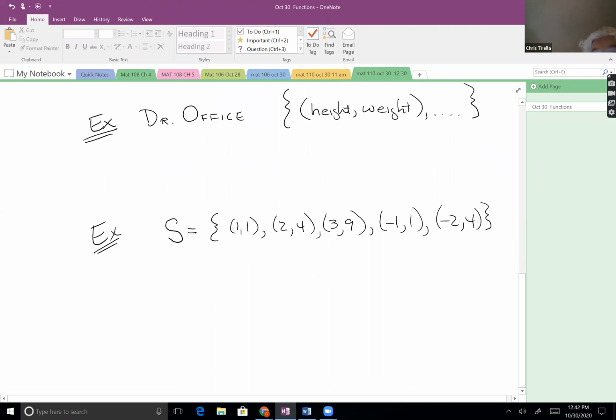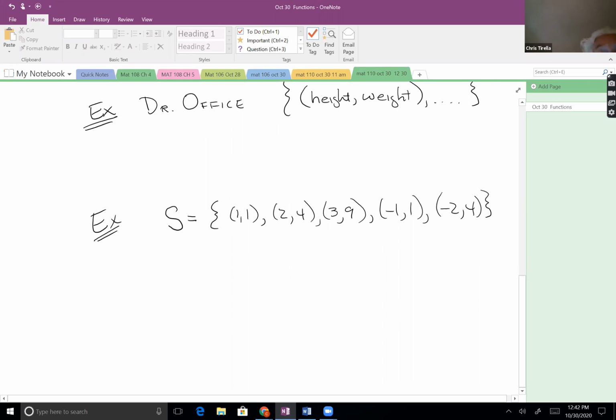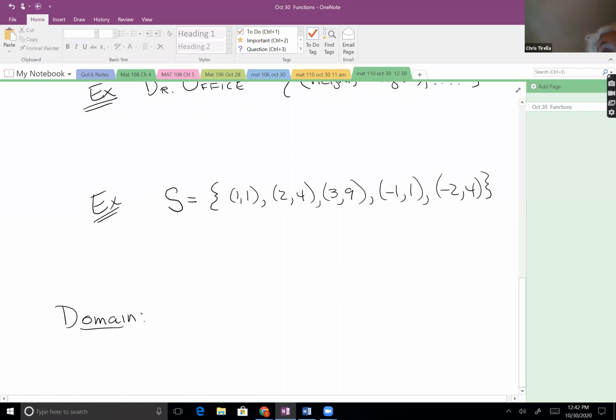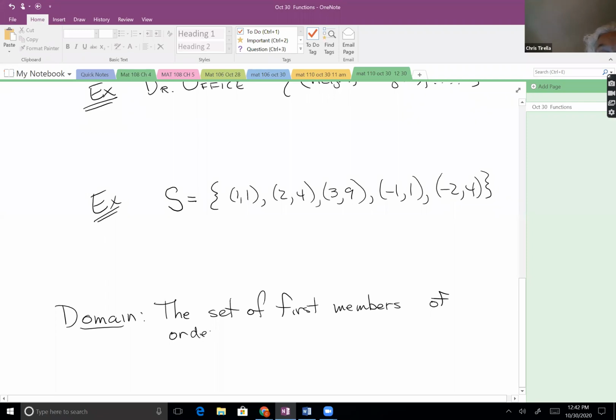When I look at a relation, when I look at a set of ordered pairs, there's a couple of other things we need to be able to get from them. One is the domain. The domain is also a set. It's the set of the first members of the ordered pairs. Some people think of them as the X values.